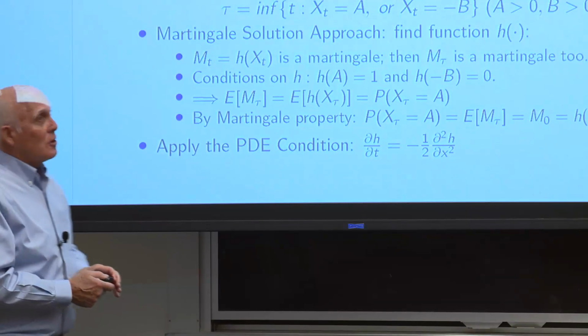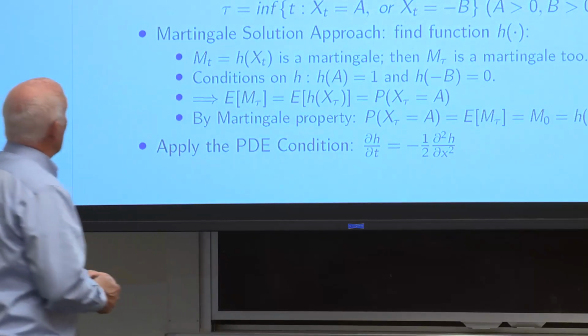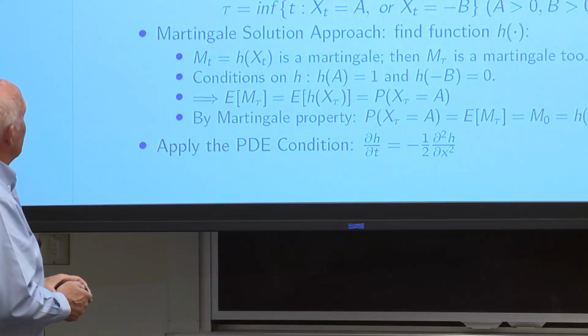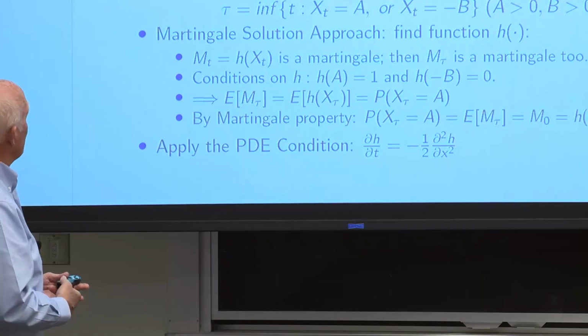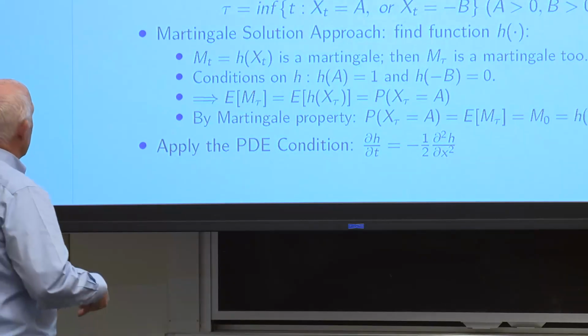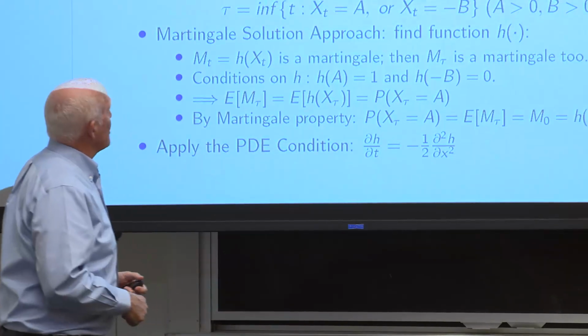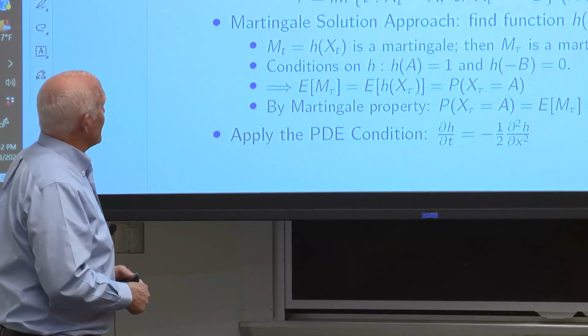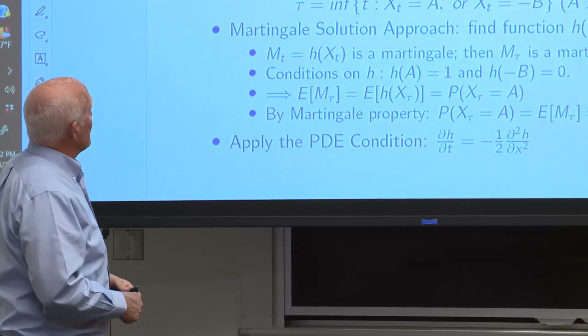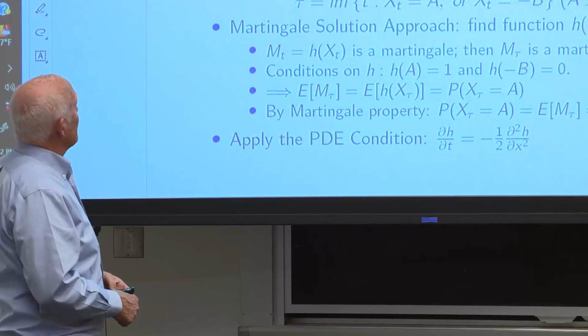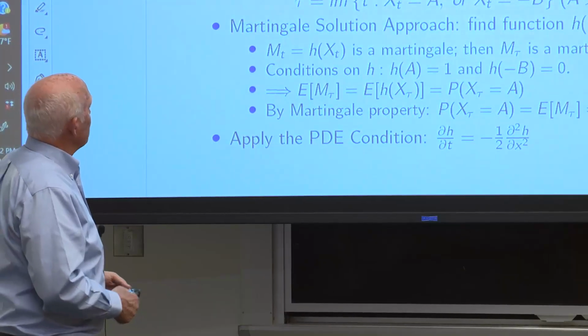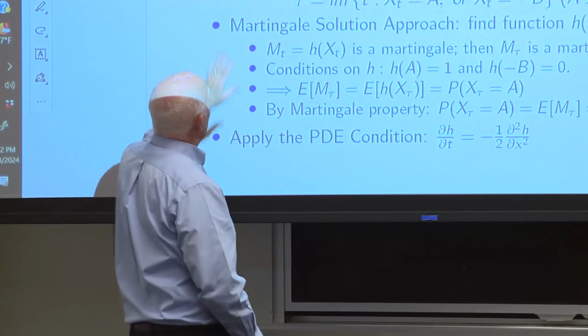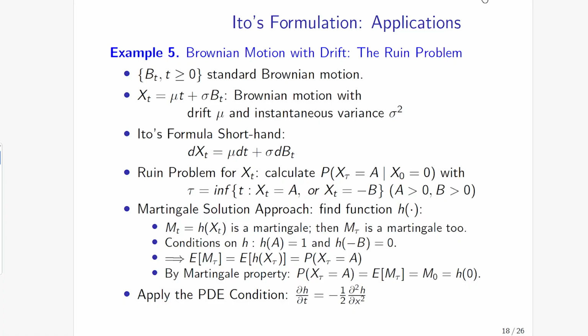Now, let's see, with Brownian motion with drift, the ruin problem, we can use some sort of Ito process ideas to deal with this problem, where we assume that Xt is a Brownian motion with drift mu and variance parameter sigma squared.